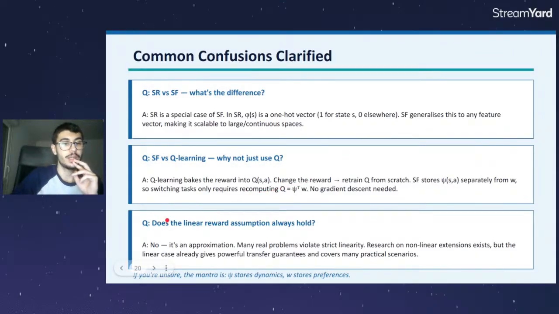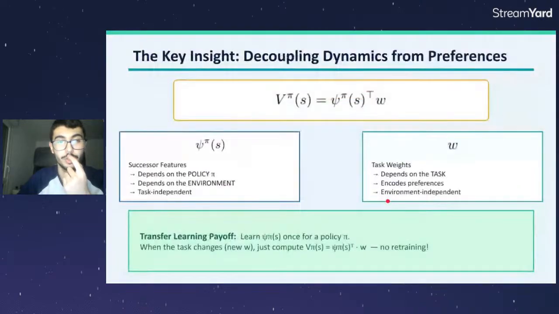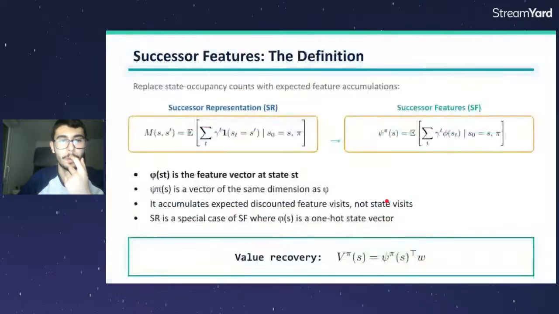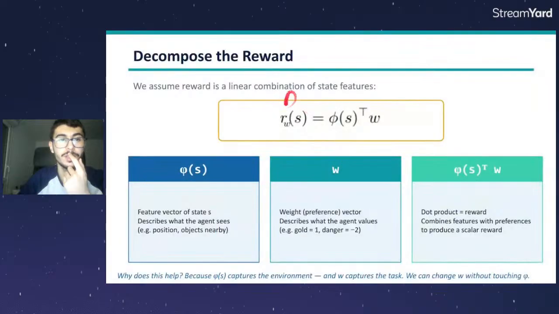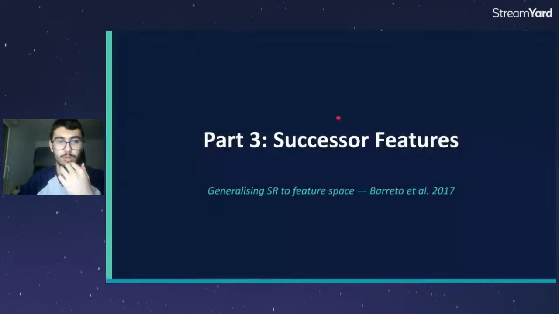Another question is, does the linear reward assumption always hold? Because as we mentioned, we rely on this decomposition. So we always assume that the reward functions are going to be linear with respect to the state features.